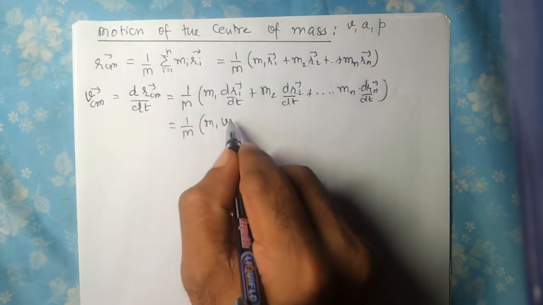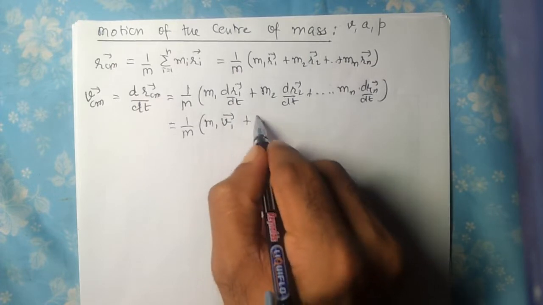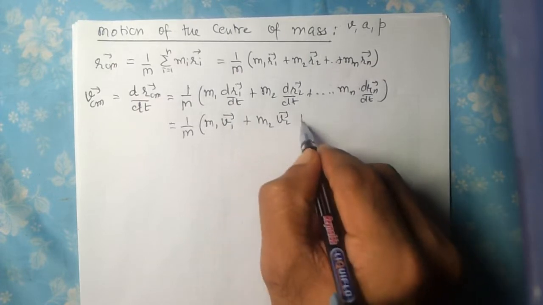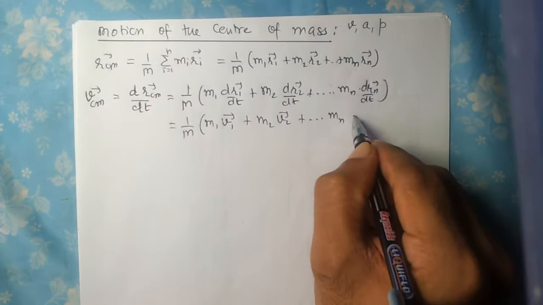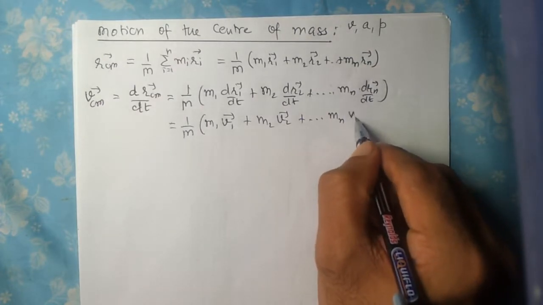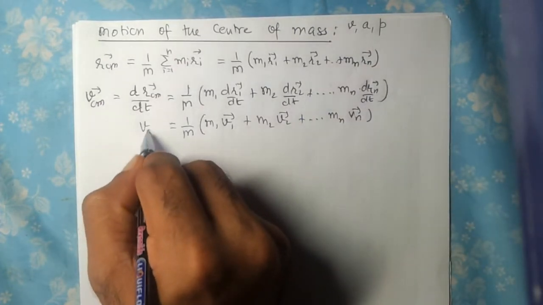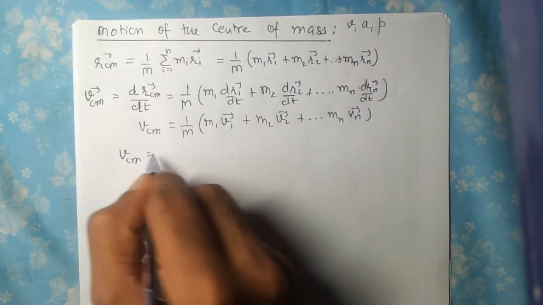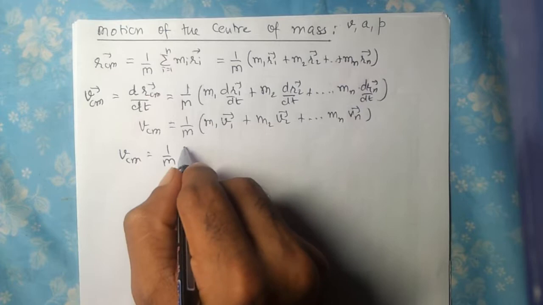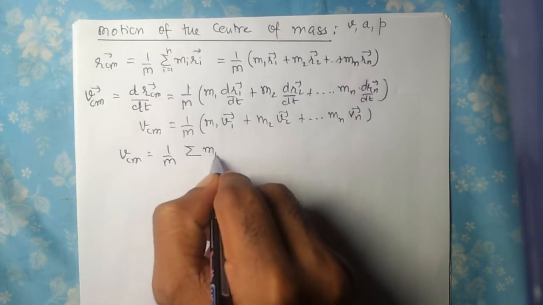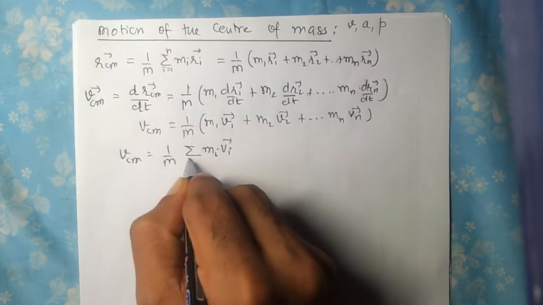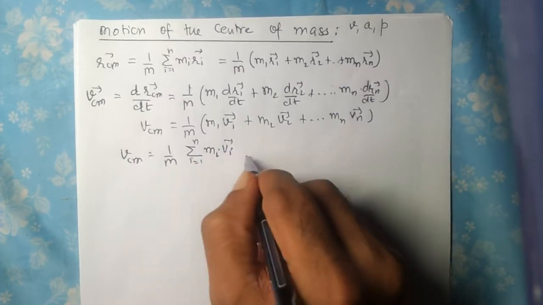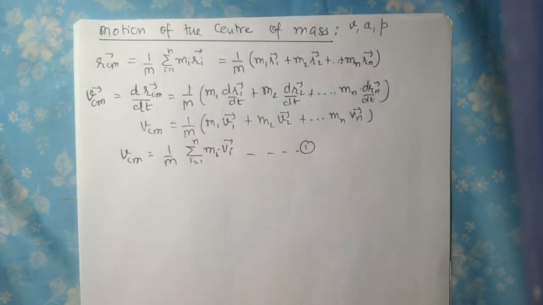So this will become v1 plus m2 v2 plus mn vn. This is vcm, which I can write down as vcm is equal to 1 upon M sigma of mi vi, i is equal to 1 to n. So this is equation number 1, which gives me the velocity of the center of mass.